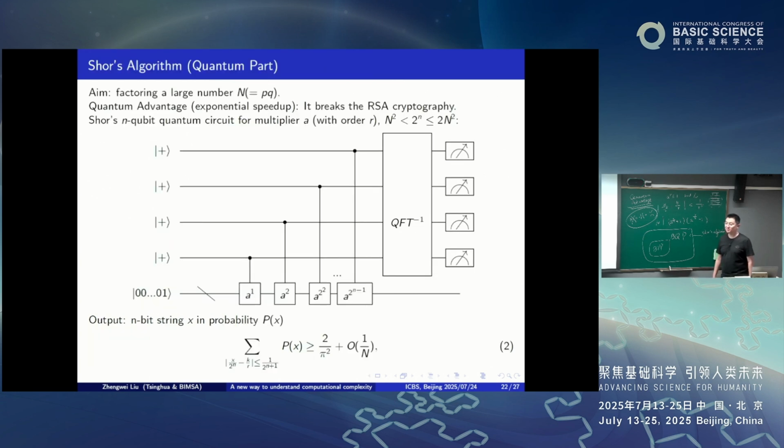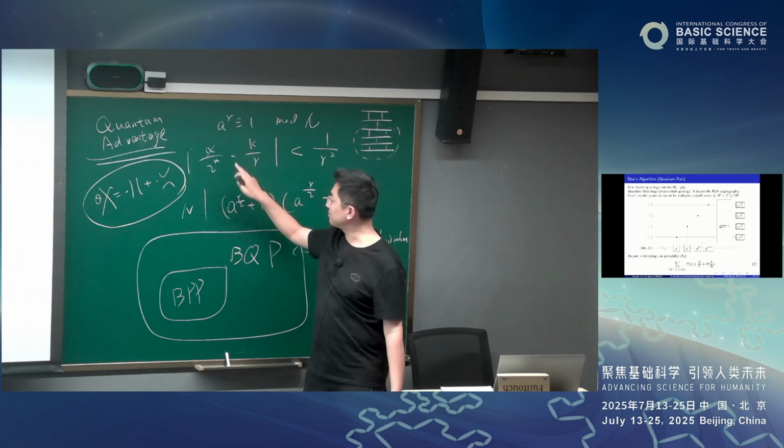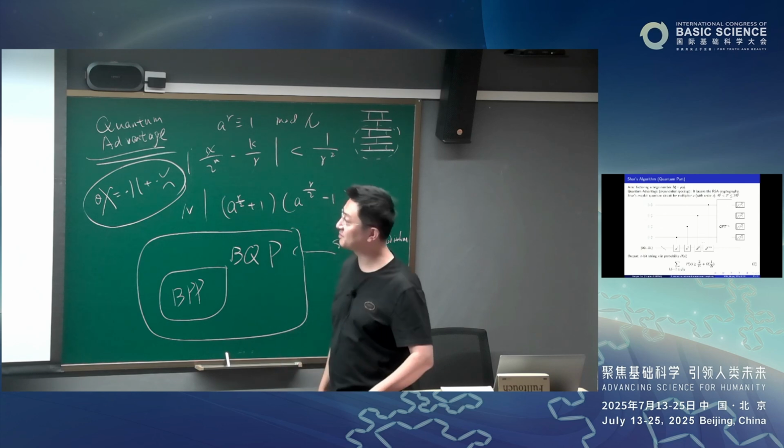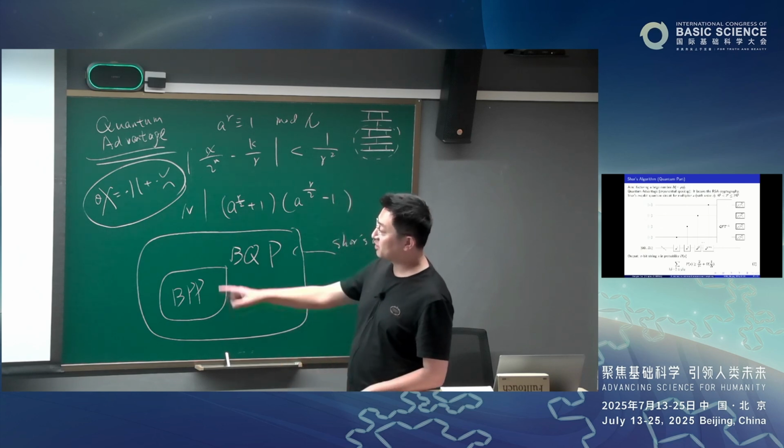Okay, now let's come to Shor's algorithm. As we explained, Shor's algorithm essentially tells us how we find this order. We find it from the measurements, and we get this order. That's the main role of Shor's algorithm. And then we compute the probability of Shor's algorithm.